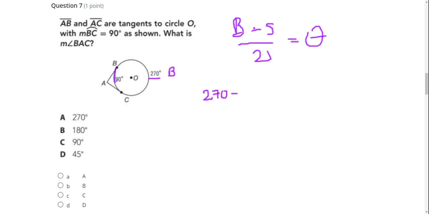And then the small arc is 90. I'm going to divide it by 2 and get the angle. So big minus small divided by 2 equals the angle.